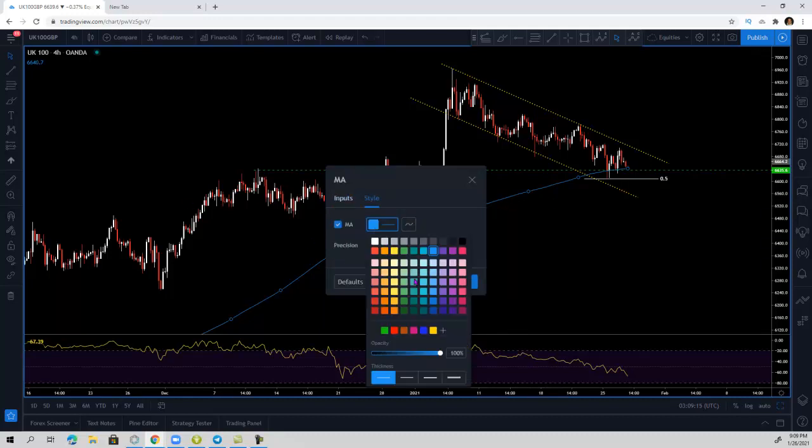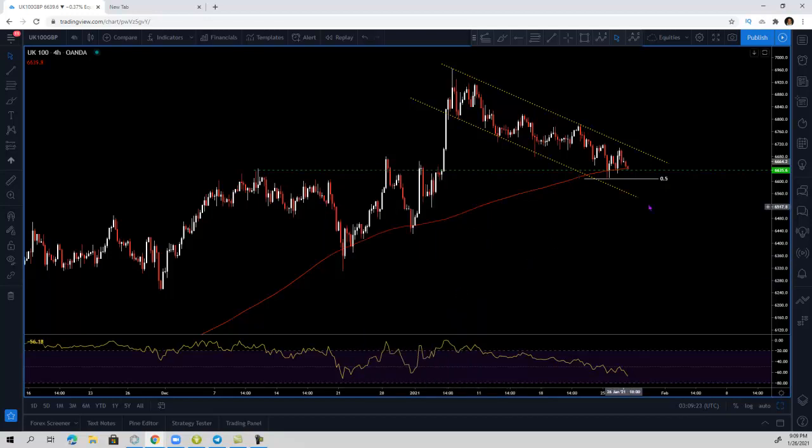Let's add it, and color it red. As you can see, we are retesting that 4-hour 200 moving average, and it's confluencing with that level of resistance and the 50% retracement.